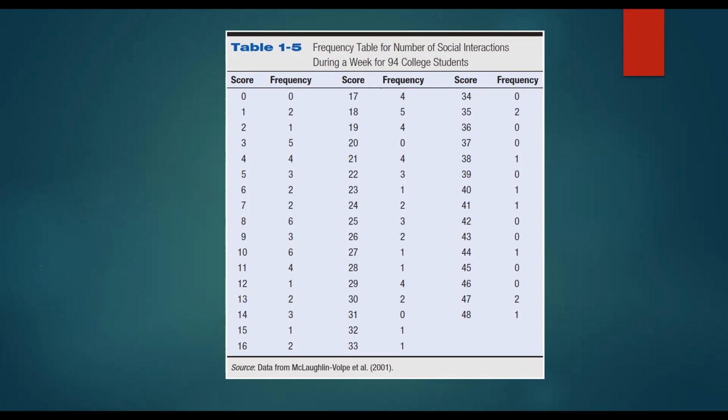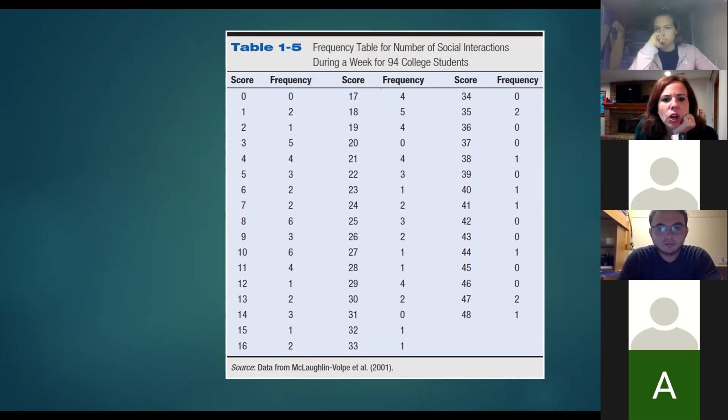But how easy is it to walk away with any meaningful information looking just at that table? What do you guys think? Looking at this table, you're like, oh yeah, I can see clearly the pattern here. I can see that 0 is a frequent number.